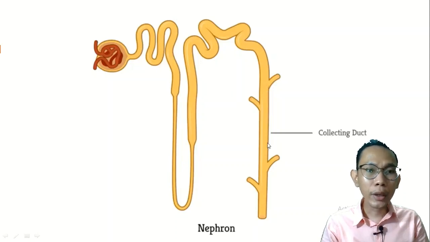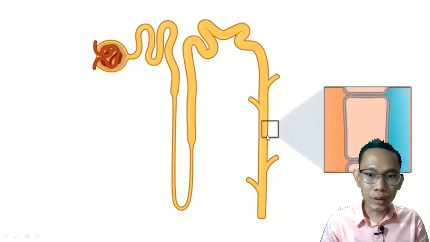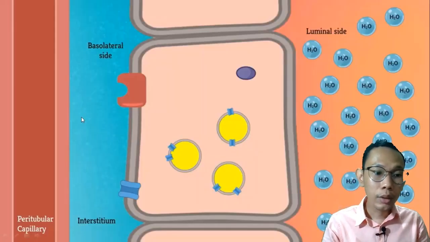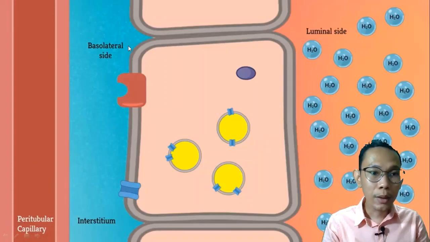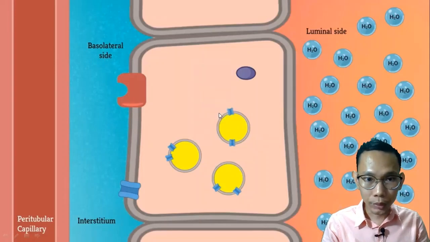So your antidiuretic hormone will have an effect on the late distal convoluted tubule and the collecting duct, in your principal cells. So as a bigger picture, this is your peritubular capillary, this is your basolateral side.